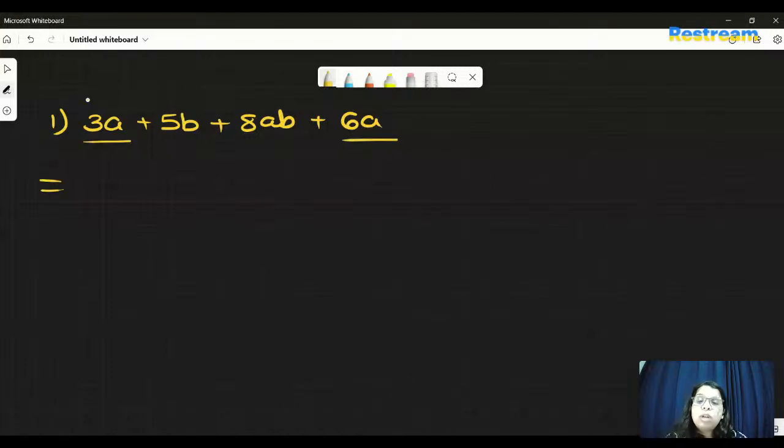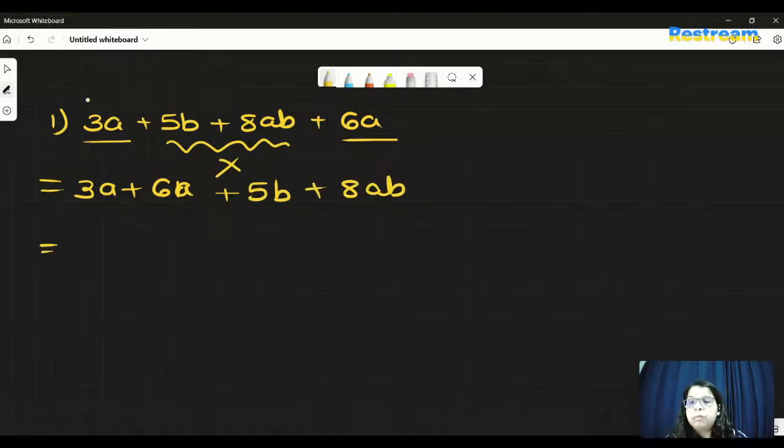So only these two are going to be simplified. The other two are not going to be simplified. So we have 3a plus 6a plus 5b plus 8ab. So that is equal to 9a plus 5b plus 8ab.